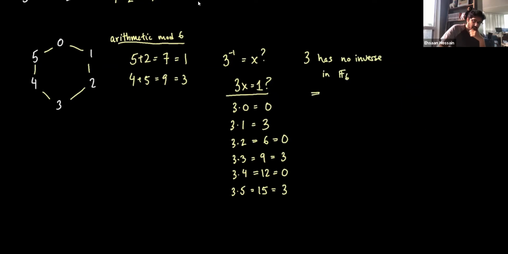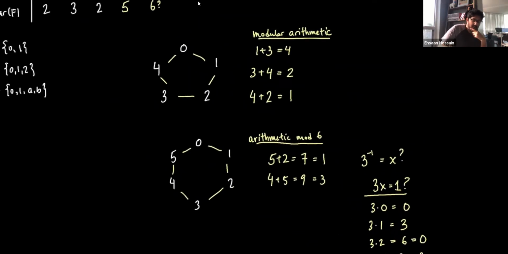So F6 is not a field. And since it's not a field, I shouldn't call it F. F stands for field. We don't call it F6. So that's what I was lying to you about before. We call it Z6 because it's integers mod 6.